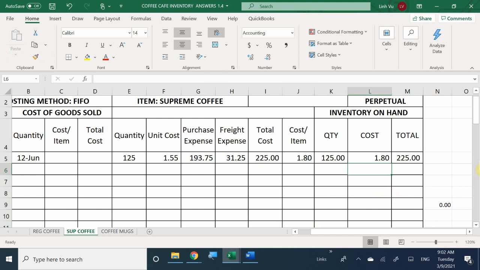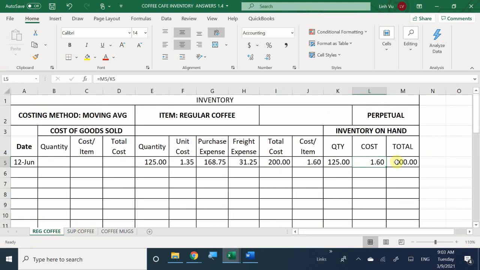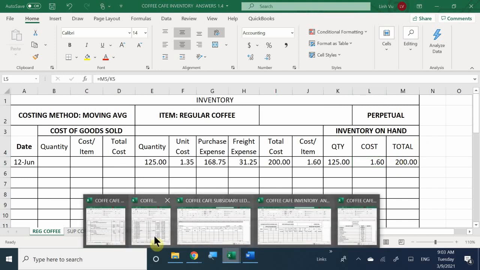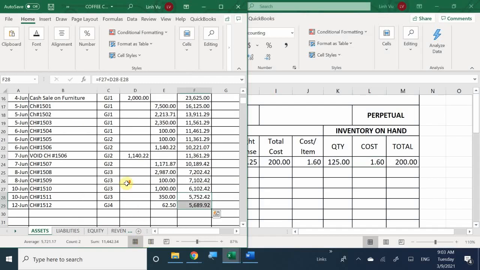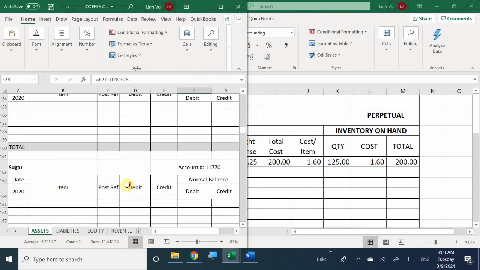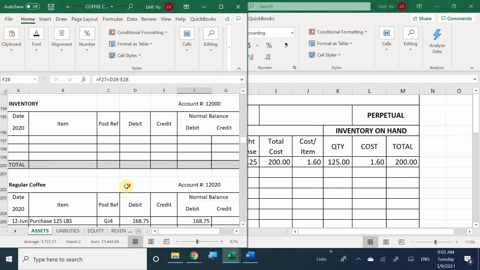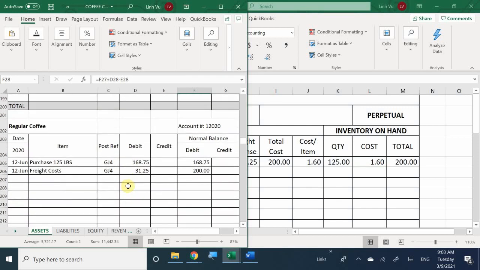So again, notice this. 225 and the 200. Those are my numbers. Where else do I see those numbers? You see them in your ledger. This is where I may have mentioned it before, maybe I have not.